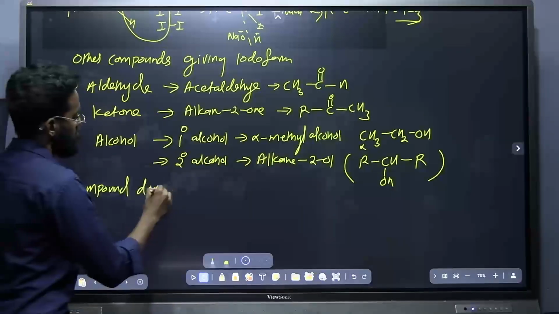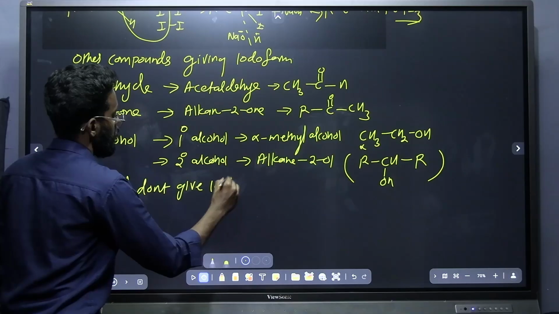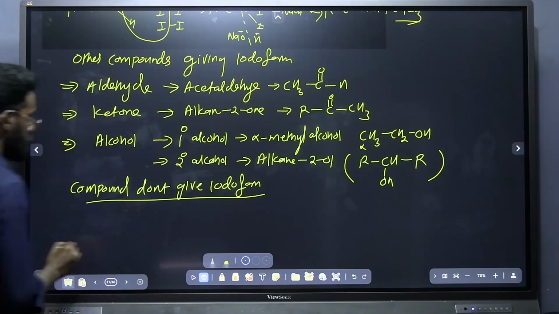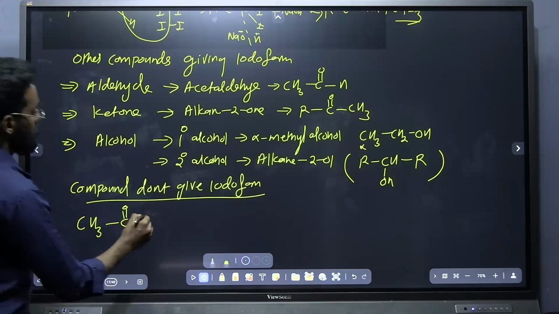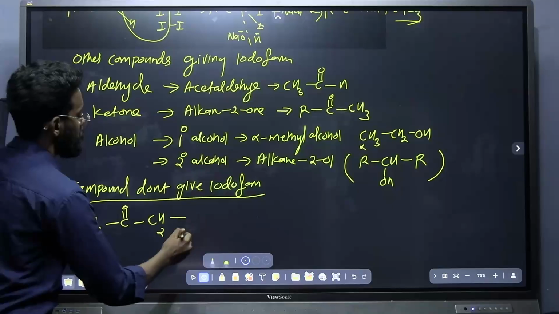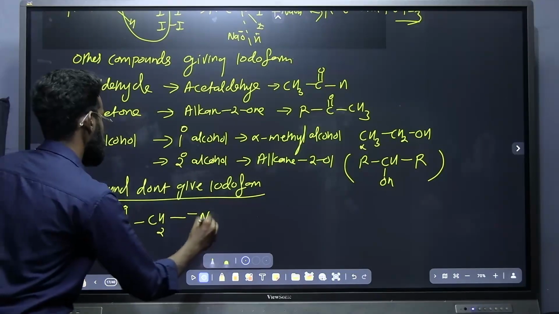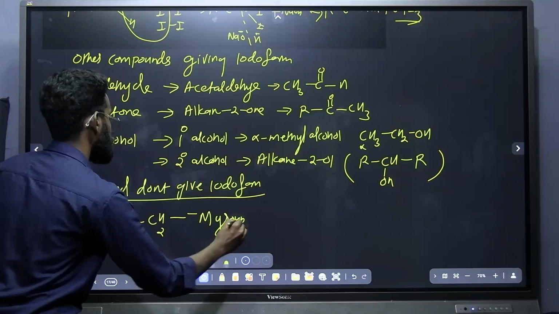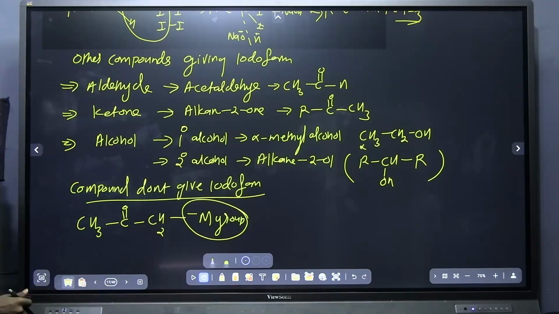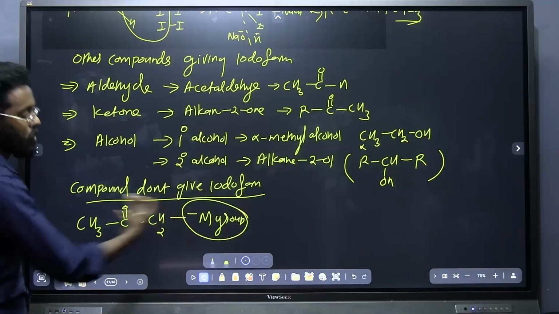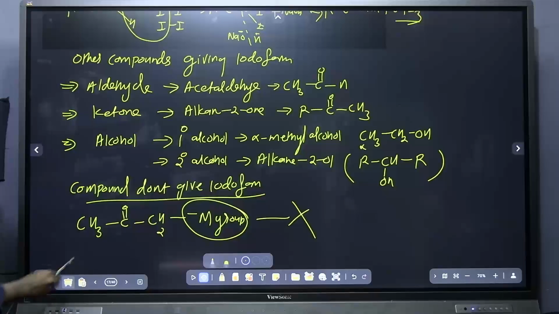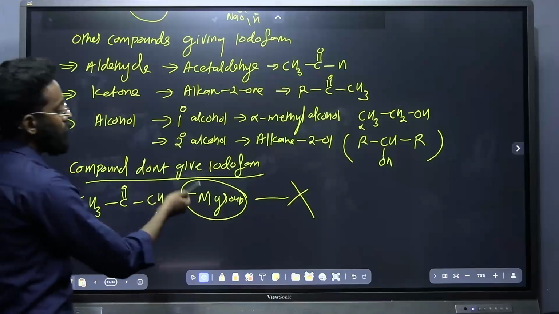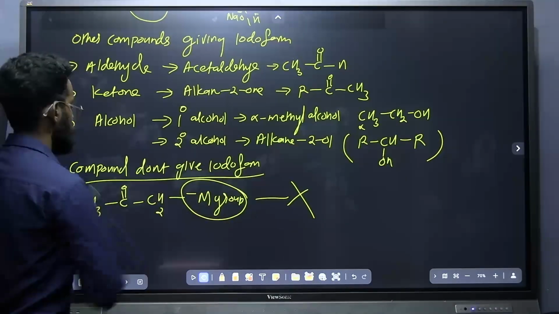That is, if CH3 C double bond O and CH2, and if I am attaching a minus M group or strong electron withdrawing group here, then they won't give haloform test. Even though there is presence of methyl ketone, it is very difficult to make iodoform from this reaction.